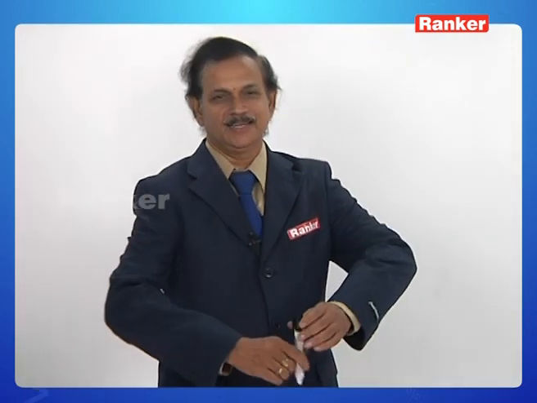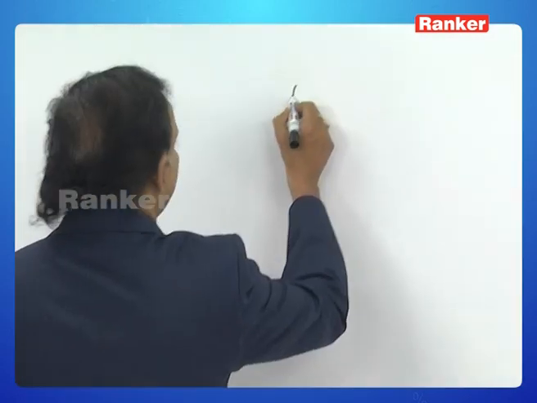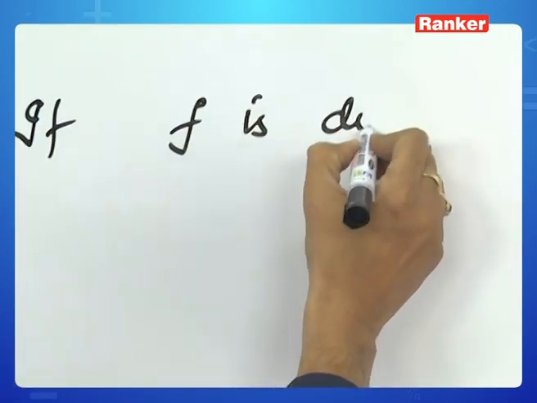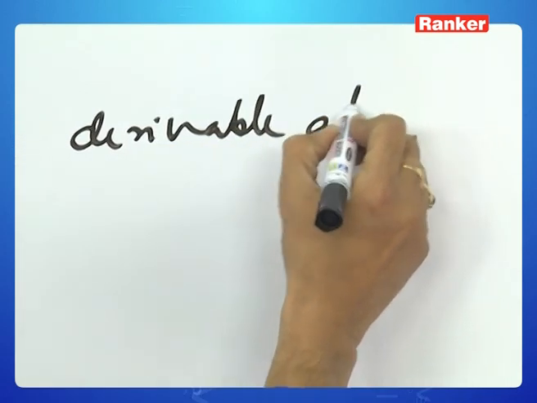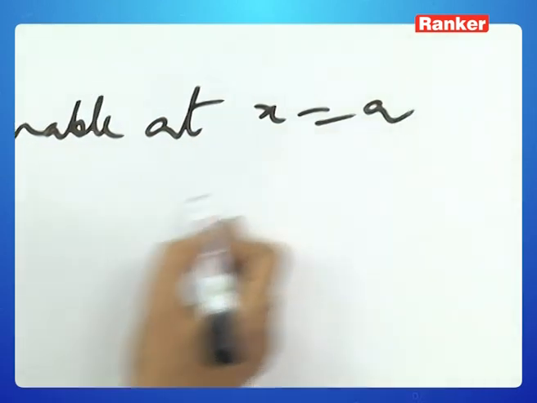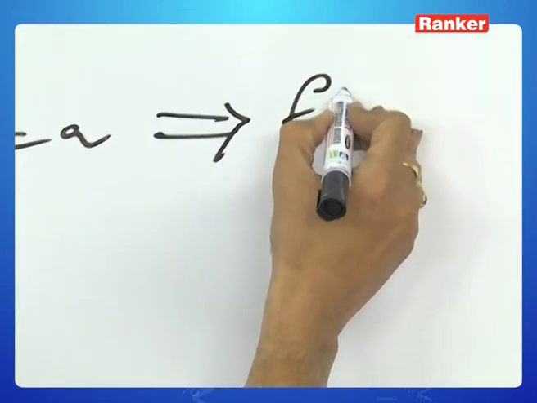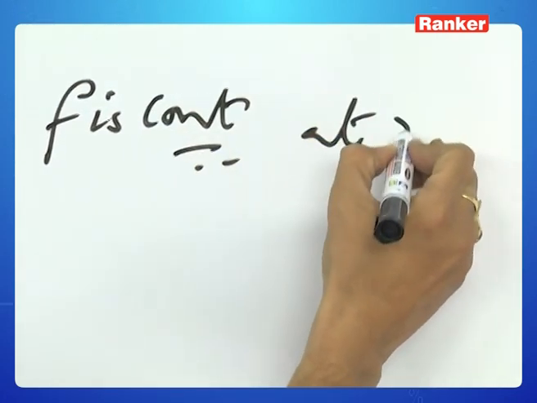We shall now take interest to look at some more important properties of differentiation. Number one of them is, if f is derivable at x is equal to a, implies f is continuous at x is equal to a.